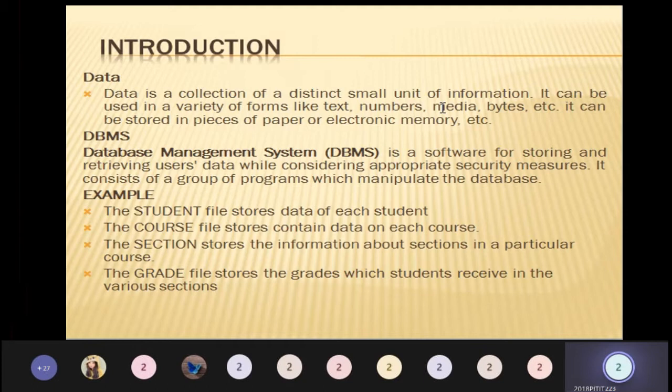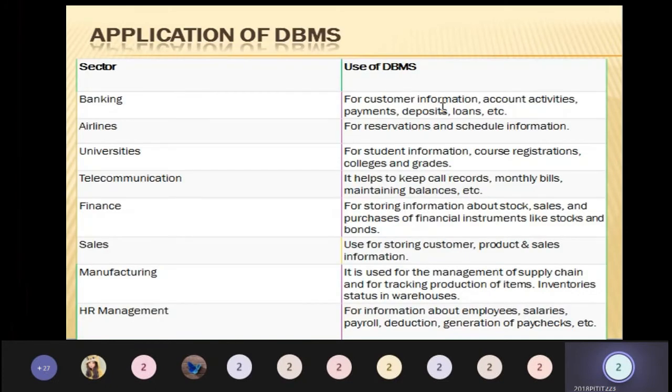Next take the table as section, and that section stores the information about the sections in particular courses. Next take the table as grade. The grade file stores the grades which students receive in the various sections. So these are the applications of the DBMS.